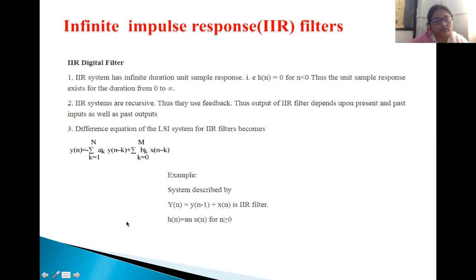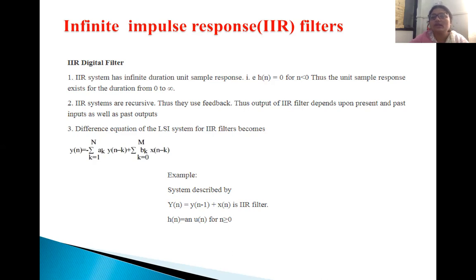So this is the biggest difference between the IIR system and the FIR system. The FIR system uses a finite impulse response, whereas the IIR system uses an infinite impulse response. So the FIR system is non-recursive, and the IIR system is recursive. As the FIR system is non-recursive, the output depends only upon input, whether the present input or past samples of the input.